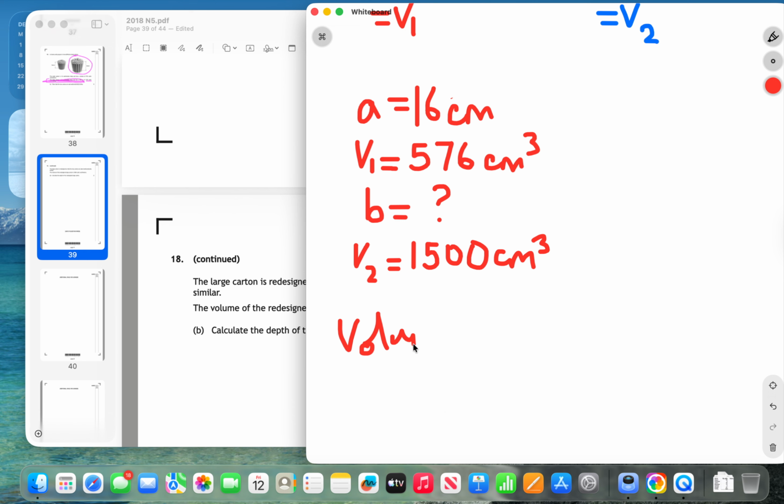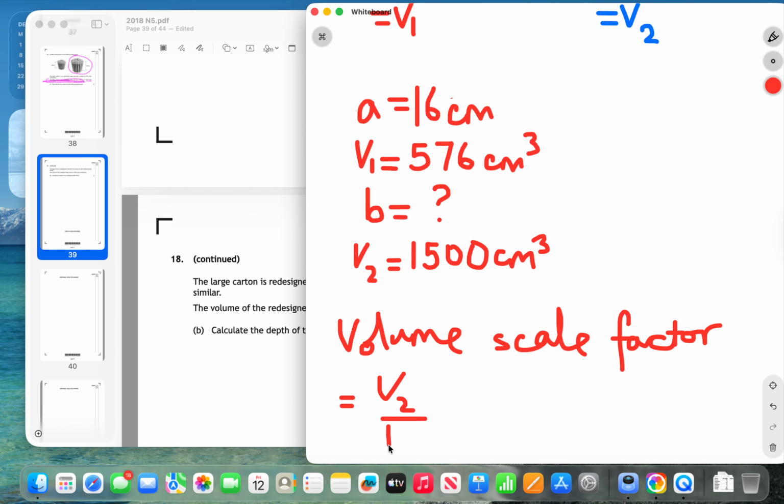So the volume scale factor equals V2 over V1. We have 1,500 all over 576.